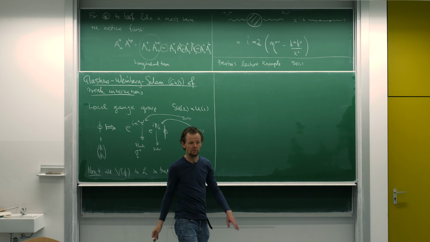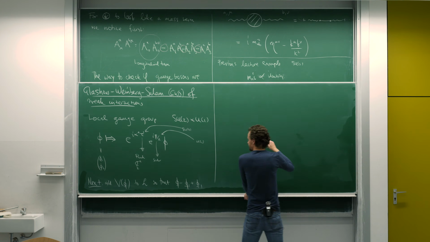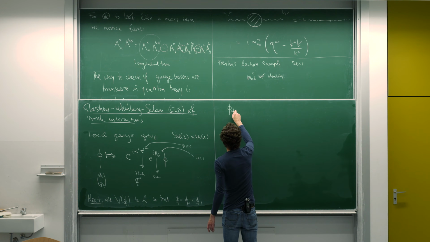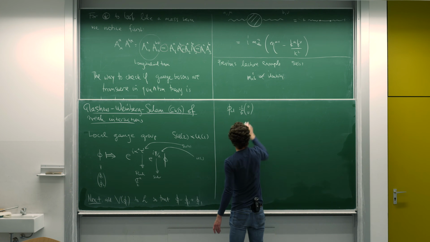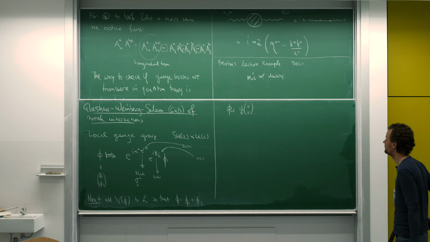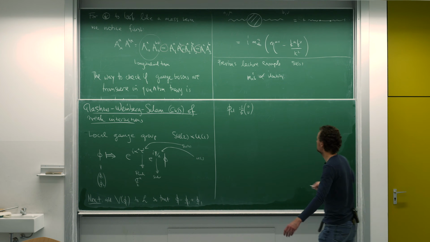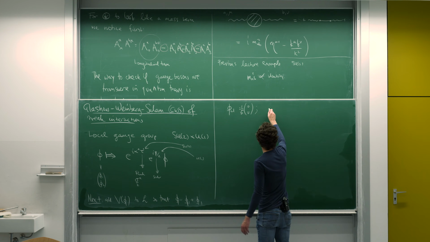And that classical minima will be exactly the one that we had in the previous discussion up here. We put a root 2 in there for convenience. And then we're going to expand the covariant derivative around this.